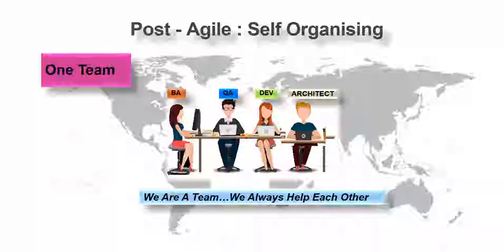And that itself is a big change in mindset. Before this, nobody had thought about it in this manner, that we could have a team consisting of people from different skill sets, different backgrounds, and still do our work and still achieve our output. So this is the first step from change in mindset.